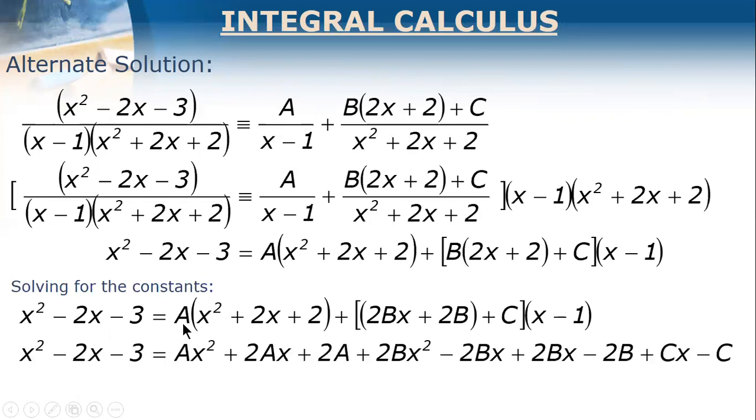This is the result: Ax squared plus 2Ax plus 2A, 2Bx plus x times x is 2Bx squared. 2Bx times negative 1, negative 2Bx. 2B times x is 2Bx. 2B times negative 1, we have negative 2B. C times x, Cx, C times negative 1, negative C.